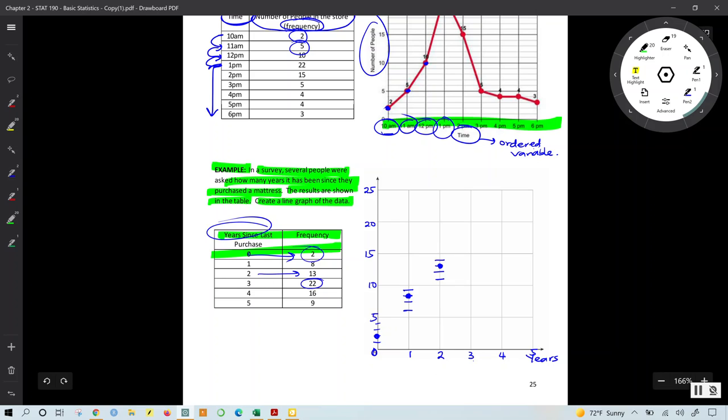And then for 3, we have 22. This is 16, 17, 18, 19, and then 20 here. So that will correspond to 22, 21, 22, right here. And then for 4, we have 16. So that will be 16, 17, 18, 19. This is 16 right here.